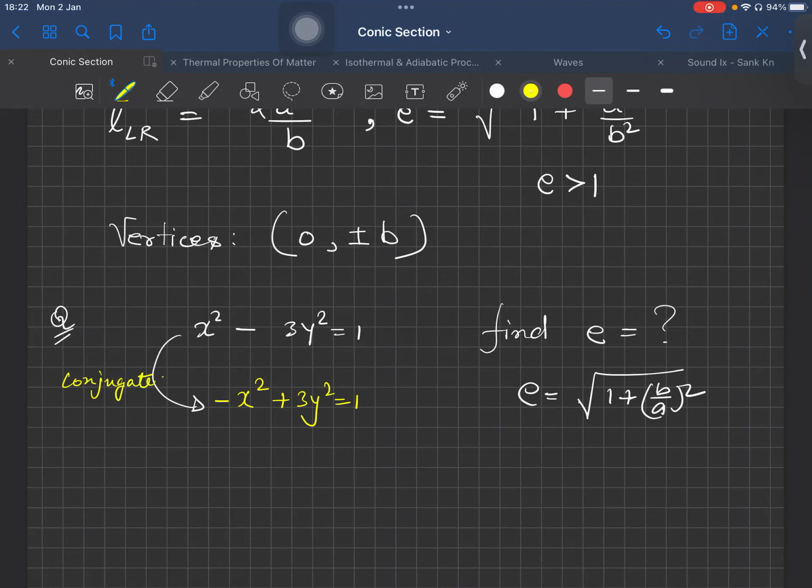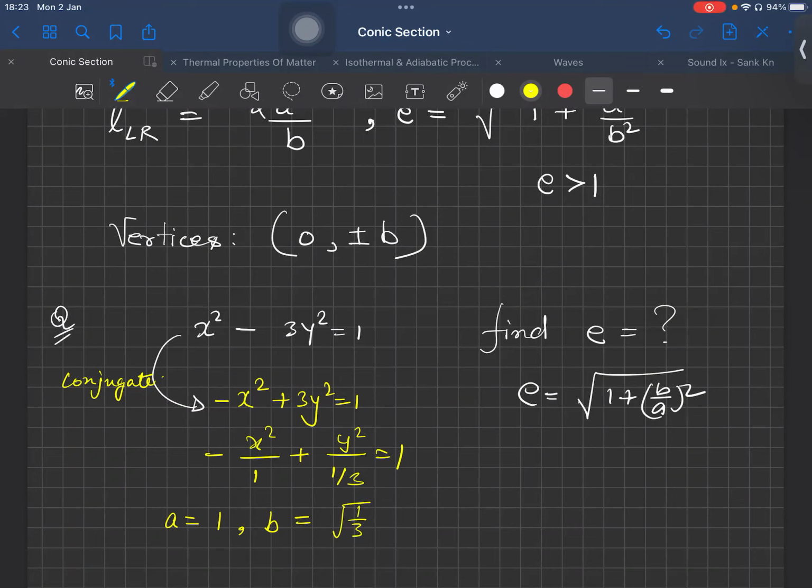Okay, for this hyperbola, that means you need to find out. So can you write this as minus x square upon 1 plus y square upon 1 by 3 is equal to 1? That means A is equal to 1, B is equal to square root of 1 upon 3, isn't it?